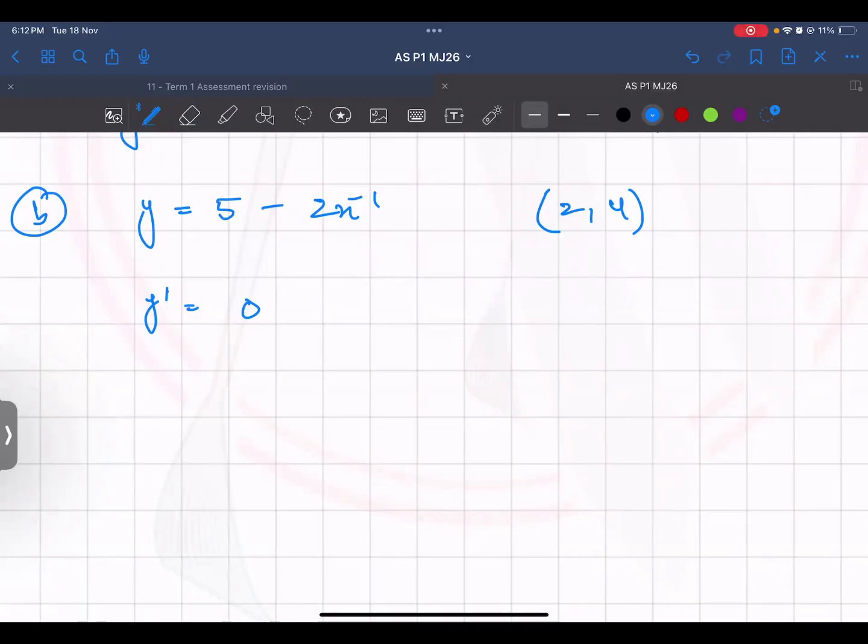So minus 2 times minus 1 will become plus 2, and x would become x to the power minus 1 minus 1, which is minus 2. And they've given you the value of x as 2. So this becomes 2 upon 4, which will become 1 upon 2. So this is the gradient of the tangent at this point.